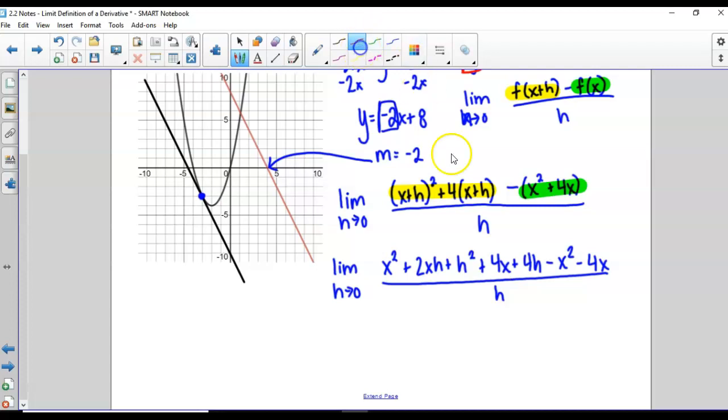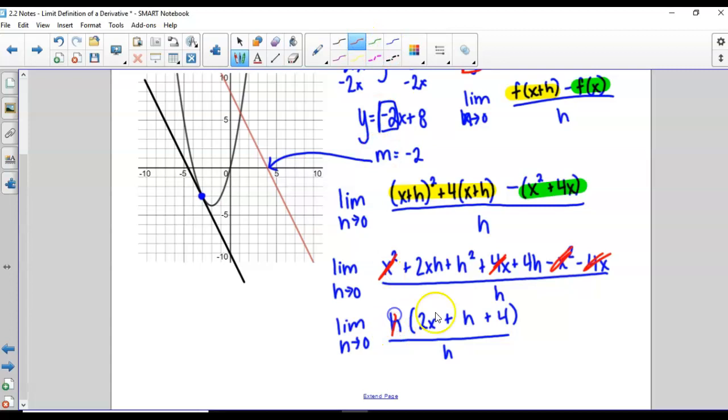And we want to cancel anything we can cancel. The x squared cancels with this negative x squared. Our 4x cancels with our negative 4x. And so everything in the numerator has an h with it, so I can factor out an h. I'll have 2x plus h plus 4 all over h.